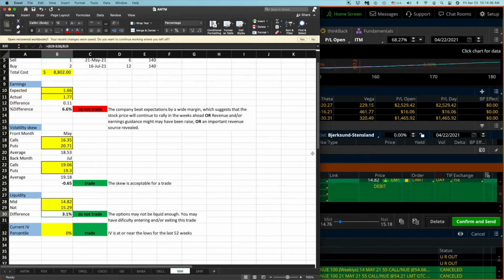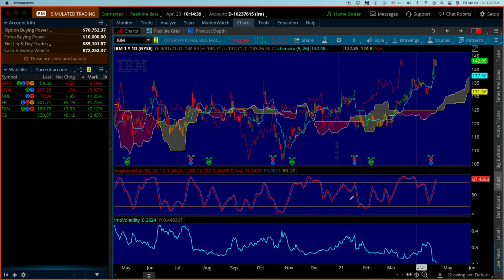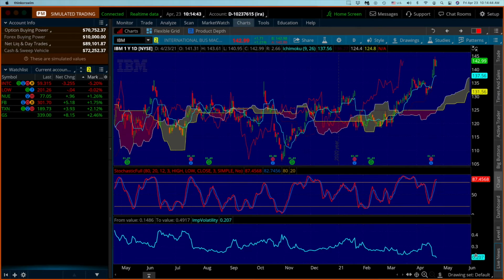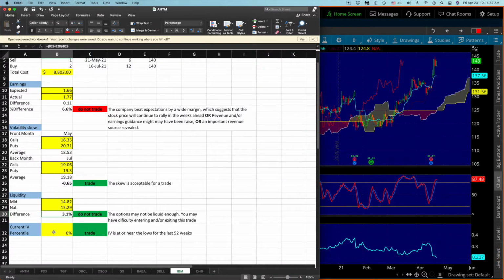And the percentile of the IV, you can take a look at the chart, display the implied volatility, and you can see that is at the lowest end possible over the last year. So I consider that excellent. It's a 0, really.